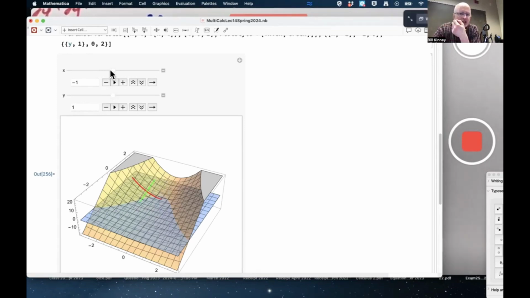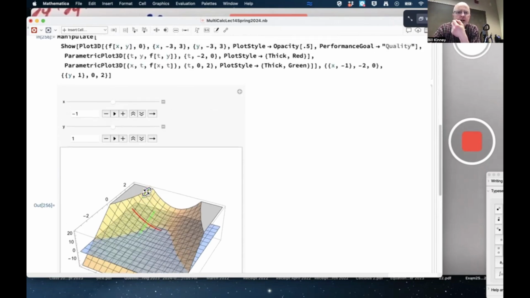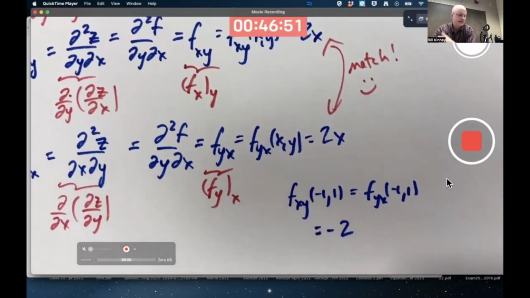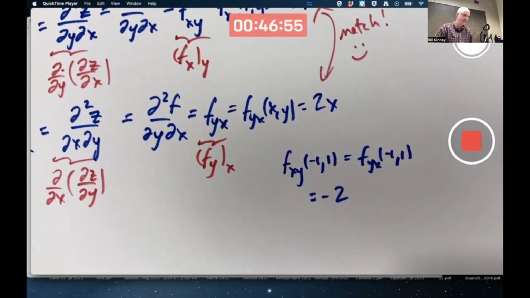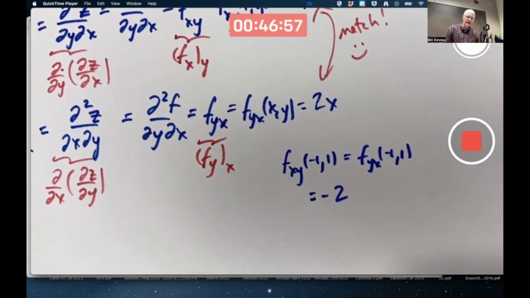If I let X change, if I move this slider, increase X, what should happen is the green line, yeah, the green line's got the X in it, should move to the right. And the fact that this second order partial is negative, what does it measure if I'm letting that move to the right?